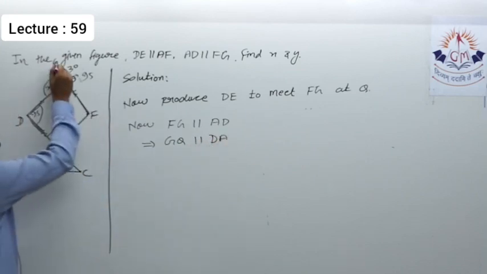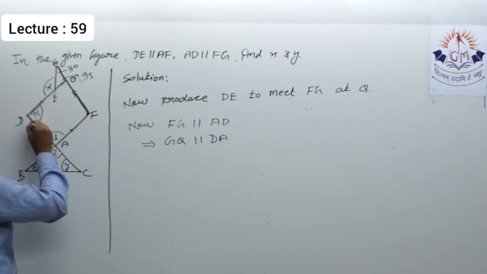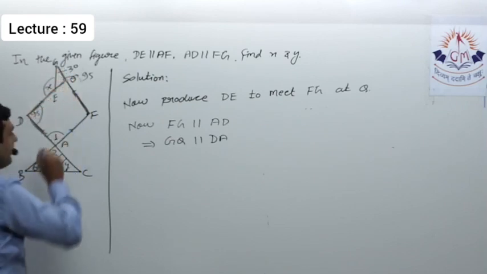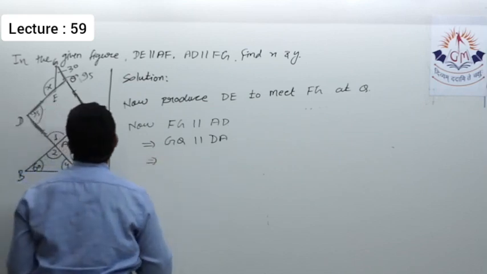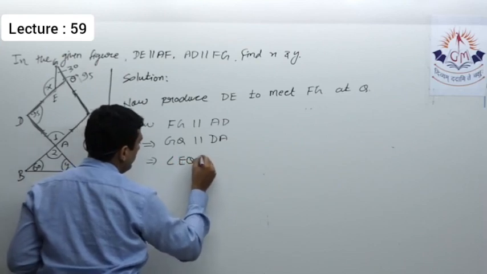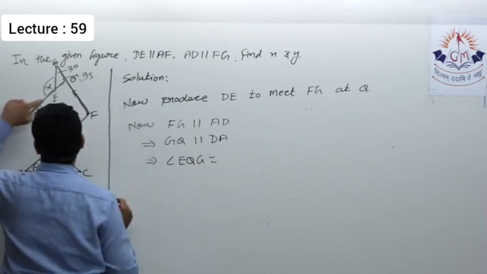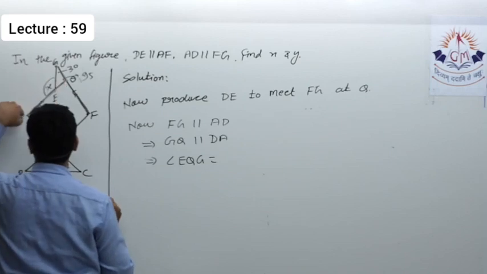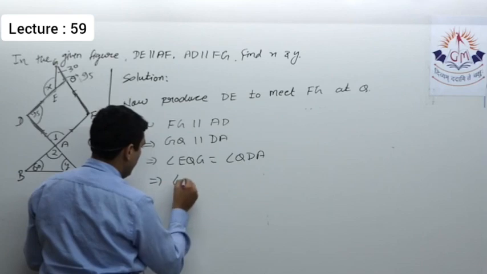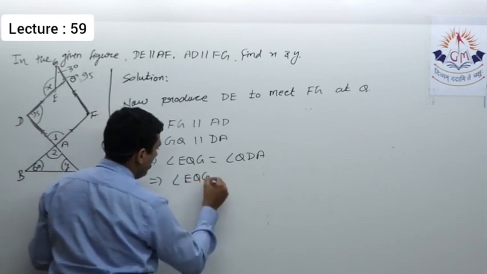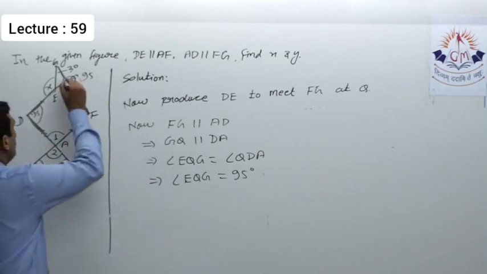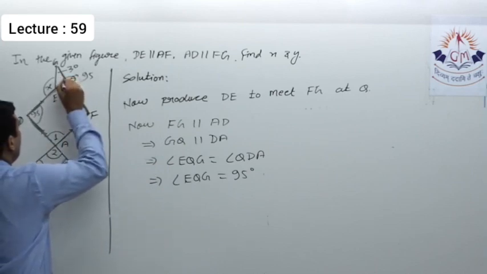Try to understand. This complete line is parallel to this, so obviously this small part will be parallel to this. Therefore angle EQG is equal to angle QDA, therefore I can say angle EQG is equal to 95 degrees. So here I got the measure of this angle, 95.